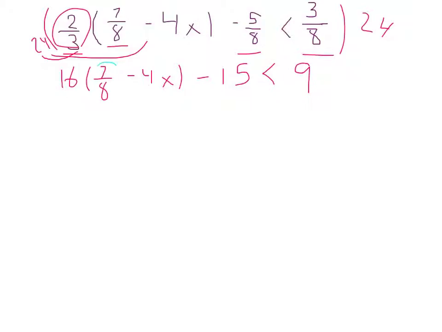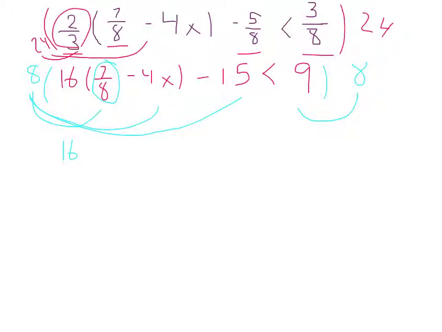And then because there's still a fraction, we have to multiply everything by 8. So we distribute the 8 to this, and this, and this. And then we get 16 times parentheses 7 minus 32x minus 120 is less than 72.